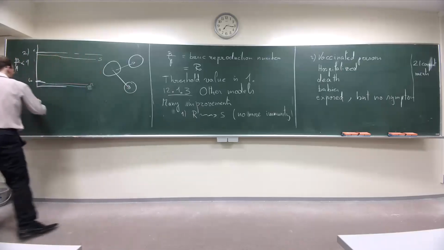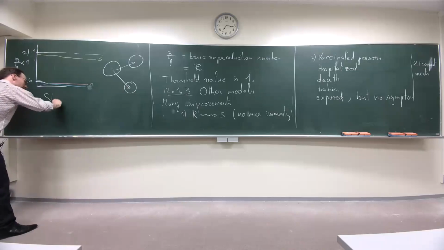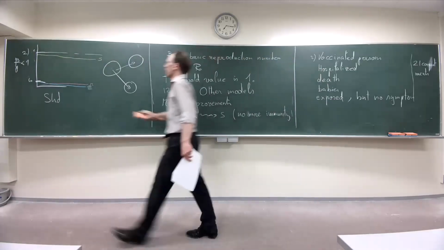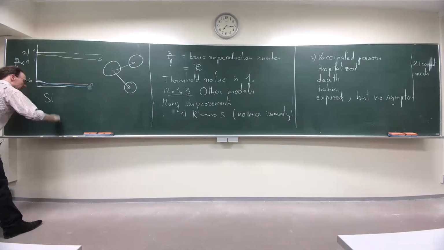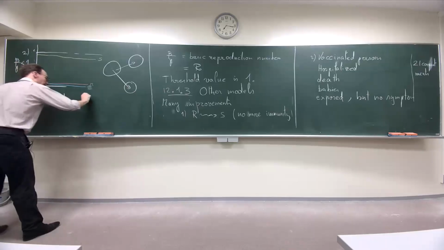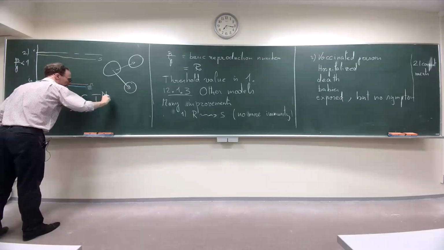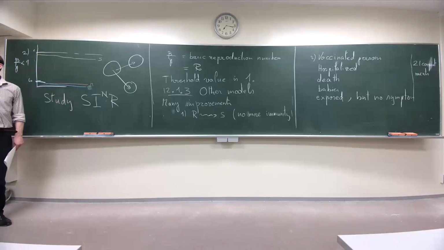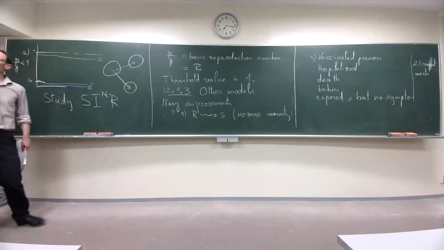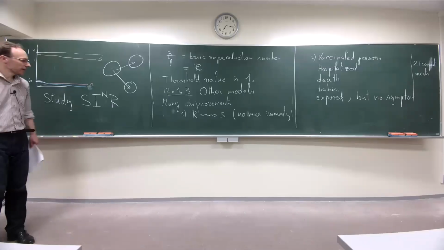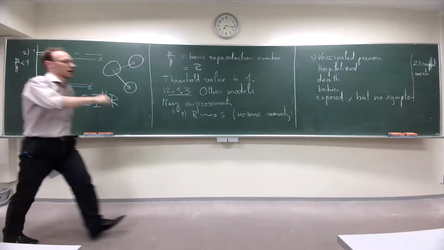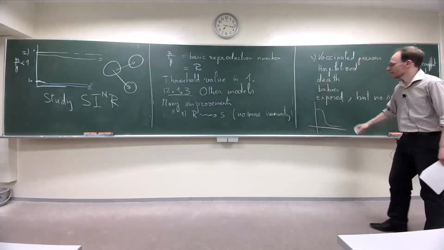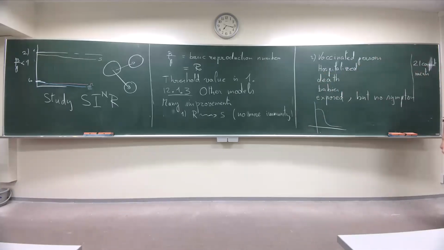Now, for you, Alberto, you can study what is called the SI^n R model, or the k-dependent R. What is it? It's still an SIR model, but you have different compartments for I. And why does it make a difference? It's for the graph here. Remember, I showed you that in the initial model, we have this distribution for the time of being infected.